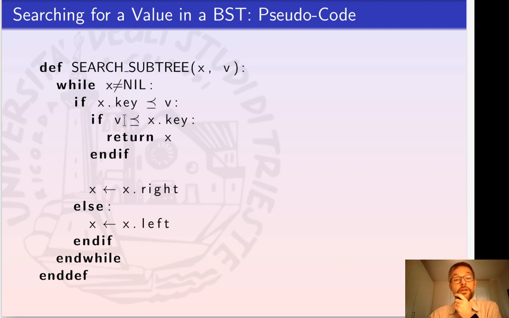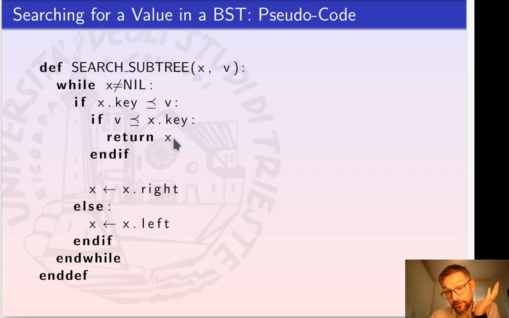If v is equal to the key of x, the key of x and the value passed to the function are the same, so we return the node containing that value.